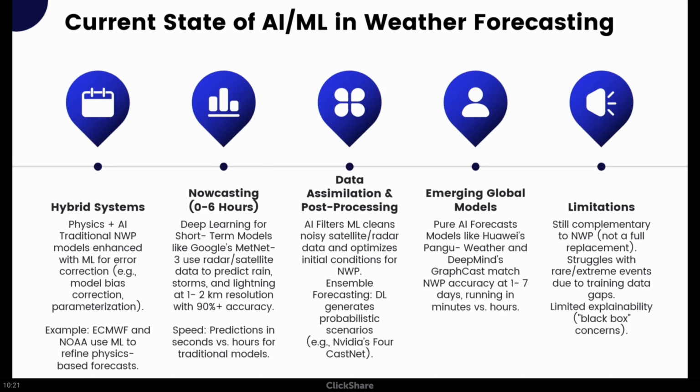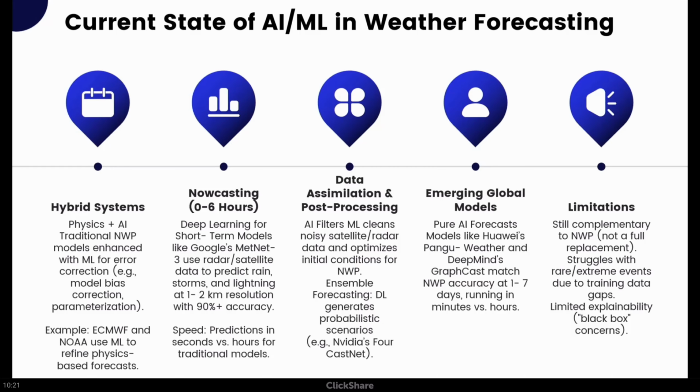Thirdly, data assimilation system. Artificial intelligence can help with some noisy data sets, which, as I already discussed, we get from satellites and radars. So it actually helps to correct those data and optimize the initial conditions for NWP.